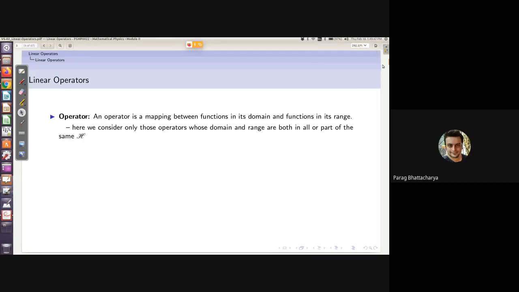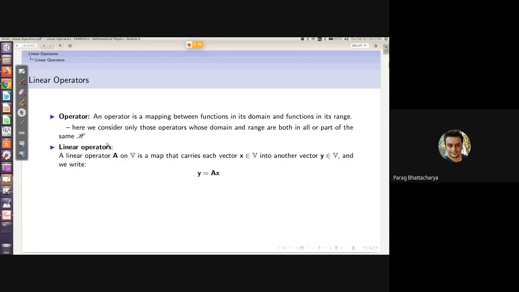No, that's not a Hilbert space. A Hilbert space is a vector space, correct. Then under what condition? The scalar product is defined. Very good. So a vector space in which the scalar product is defined is known as a Hilbert space. So we will consider only those operators whose domain and range are both in all or part of the same Hilbert space. Both domain and range are subsets of the same Hilbert space. Those are the kind of operators we'll be looking at.